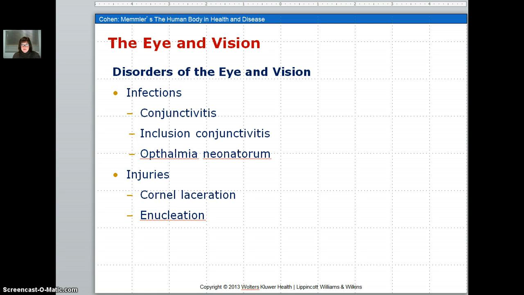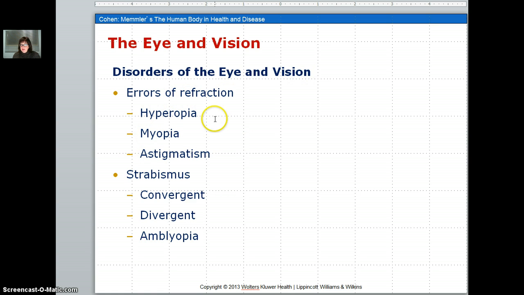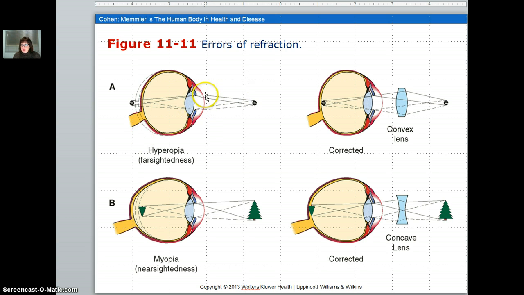So, we have hyperopia, where you're farsighted, your eye is too short. Myopia, you're nearsighted, your eye is too long. Astigmatism is a result of the cornea not being equally round, and as a result there's a bumpiness that is corrected by having an extra focal change in your glasses.